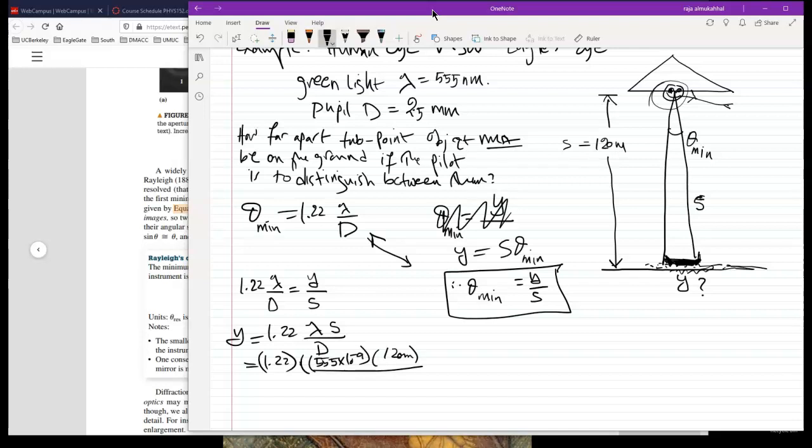There we go. Divided by d, which is the aperture width, or the width of the human eye, the human pupil, and that's equal to 2.5 times 10 to the negative 3. It's right there, okay?